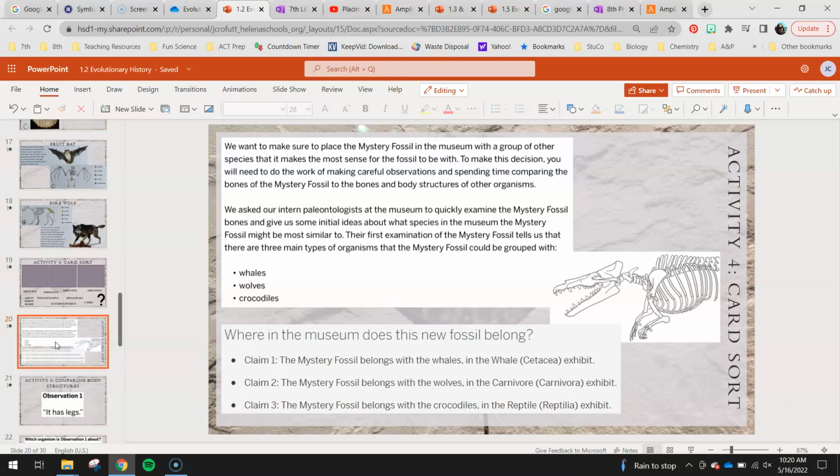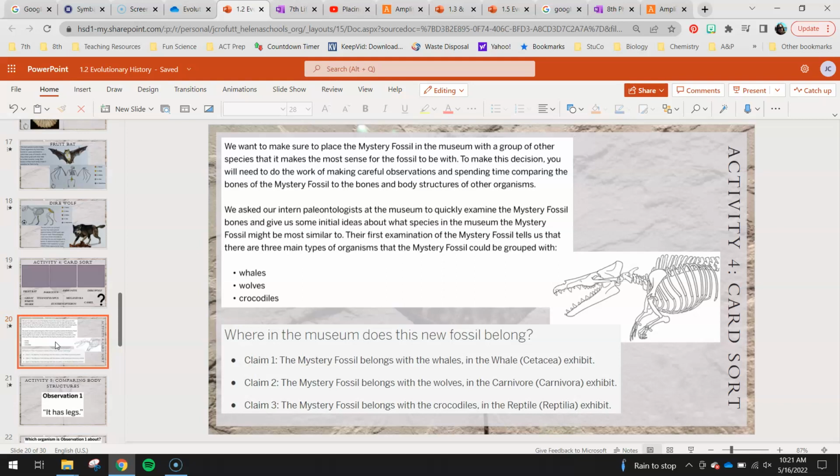We asked our intern paleontologists at the museum to quickly examine the mystery fossil bones and give us some initial ideas about what species in the museum the mystery fossil might be most similar to. Their first examinations tell us that there are 3 main types of organisms that the mystery fossil could be grouped with. So we're either looking at whales, wolves, or crocodiles.